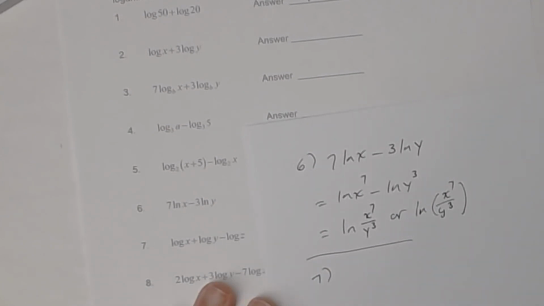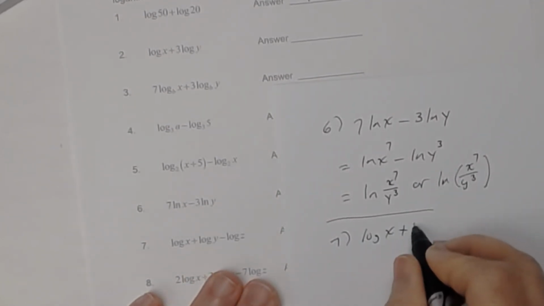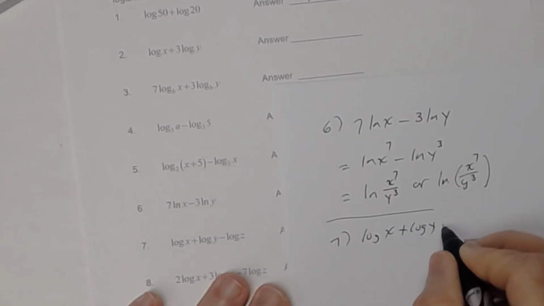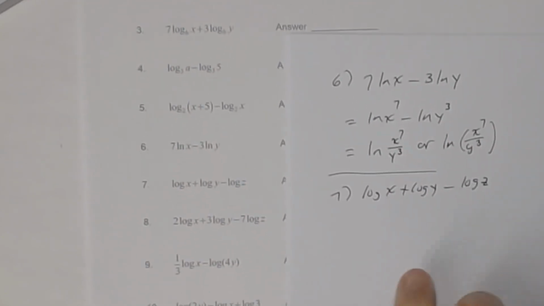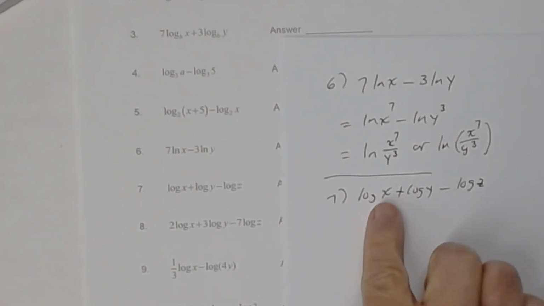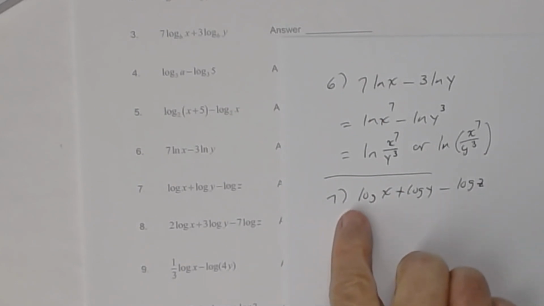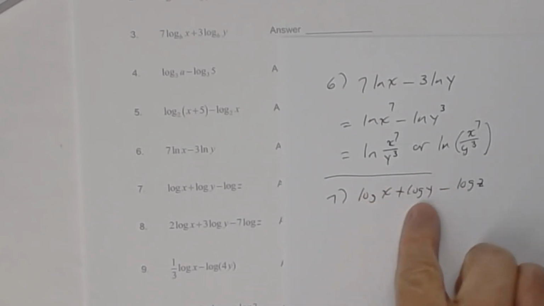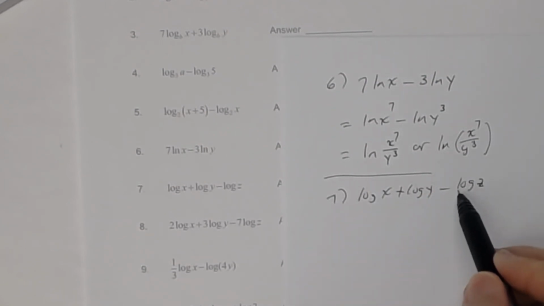Number 7, you have the log of x plus the log of y minus the log of z. All right, now this time you have 3 logarithms. Always go from left to right. So the first thing I come across is the sum of these two logs. And notice in every situation, the coefficient is 1.